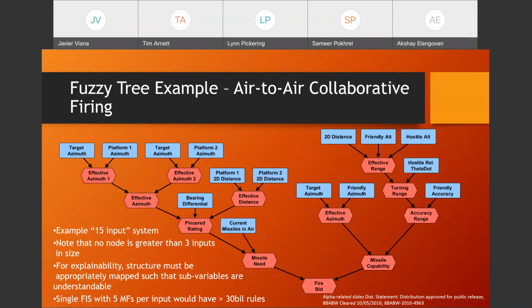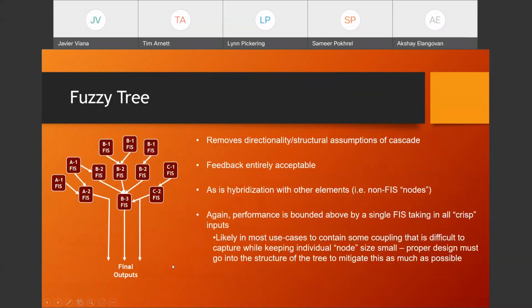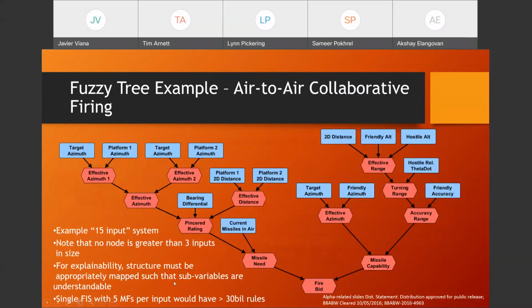And in this case, for explainability, the structure was set and mapped such that the subvariables are understandable. What that means is that the subvariables coming out of each FIS actually mean something semantically. They have a representation that means something with respect to the problem domain.